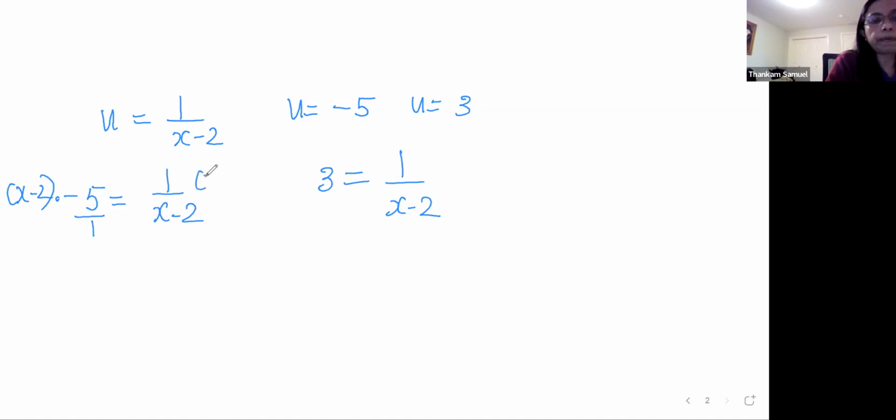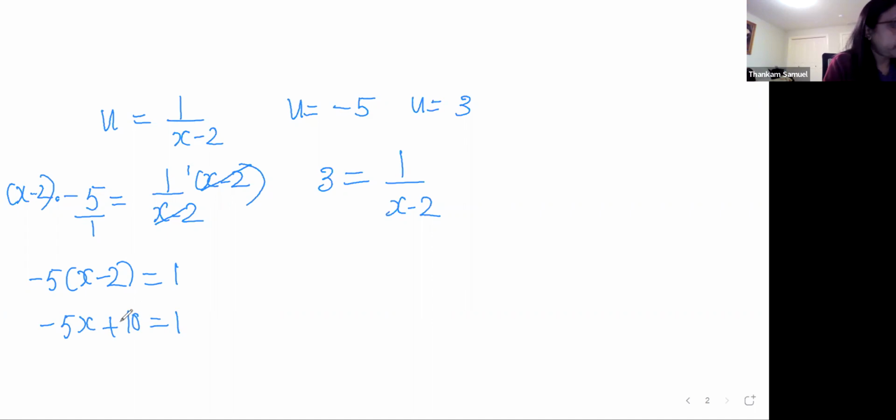Let's solve the first equation. So negative 5 times x minus 2, and these factors will cancel each other, so it will give you 1. Then you can distribute negative 5 over these terms: negative 5x plus 10 equals 1.